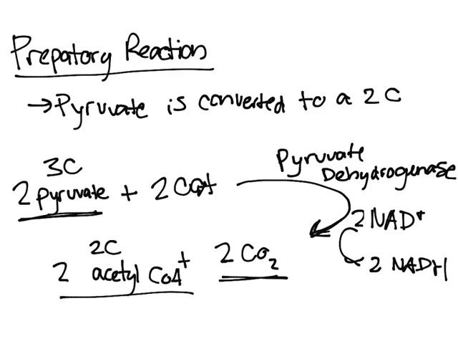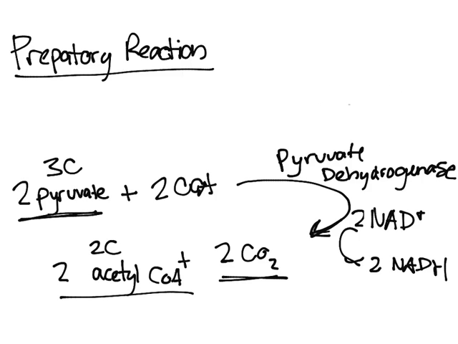And finally, one last thing I forgot to mention. I'll erase this right here to write it briefly. Pyruvate, obviously, has to enter the matrix of the mitochondria, and so the pyruvate/hydrogen symporter brings it in.